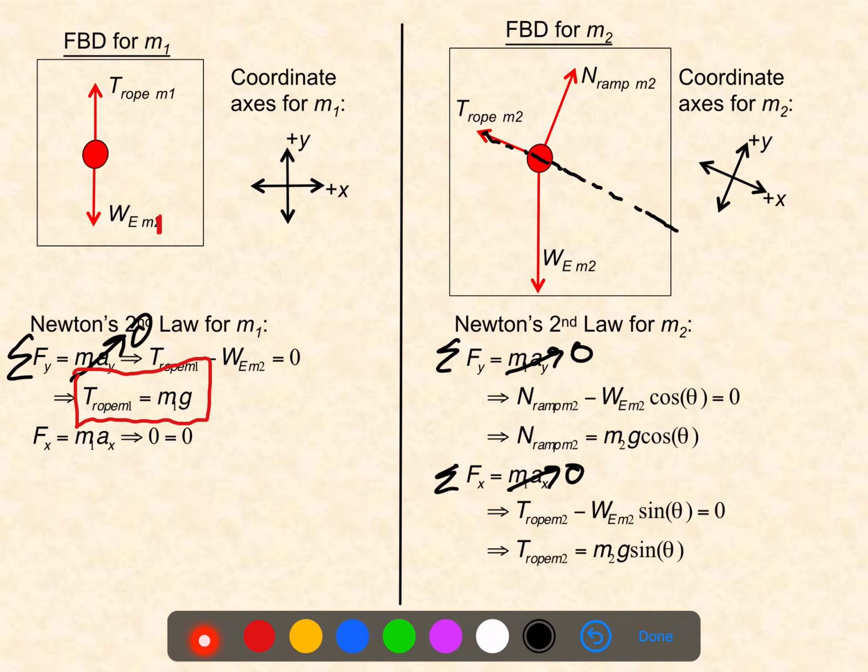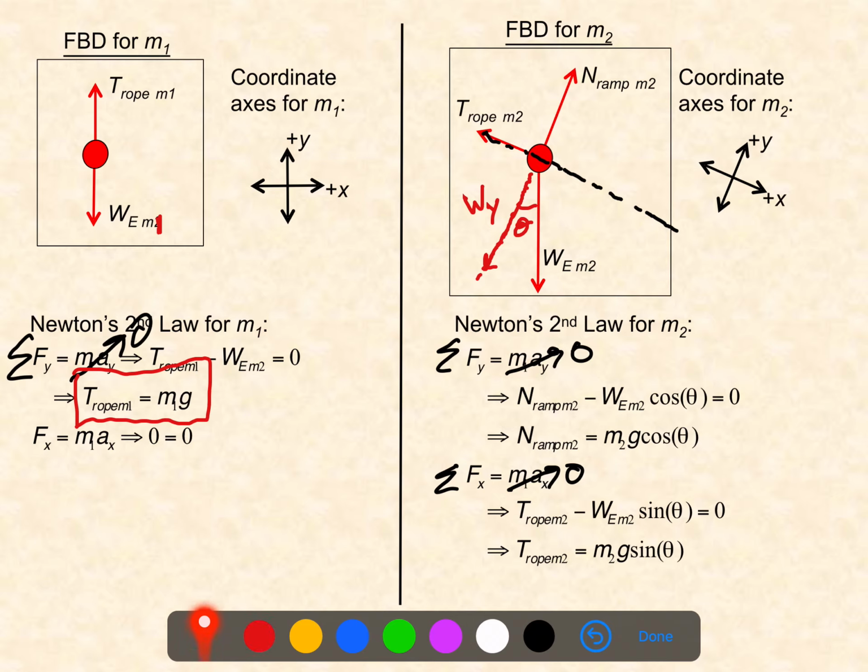In the y direction, I get the normal force pointing in the positive y direction, the component of the weight force pointing in the negative y direction, which in the last lecture we talked about why it is that is going to be equal to a cosine rather than a sine. So if you're not too clear on that, just make sure you review that this is my theta. So my weight component that is pointing in this direction, this is the weight component in the y direction, that's adjacent to this angle, and so I need a cosine function.